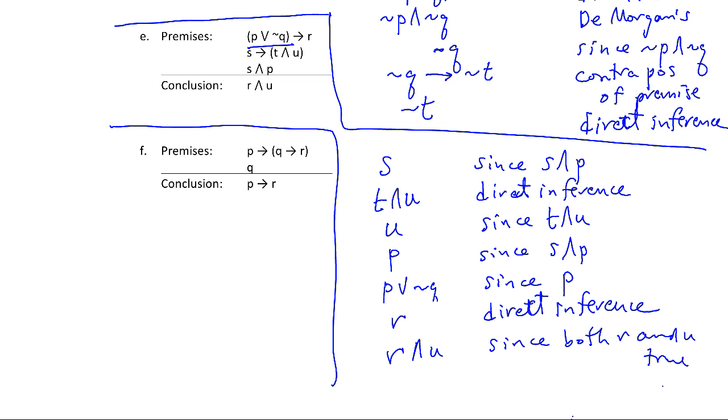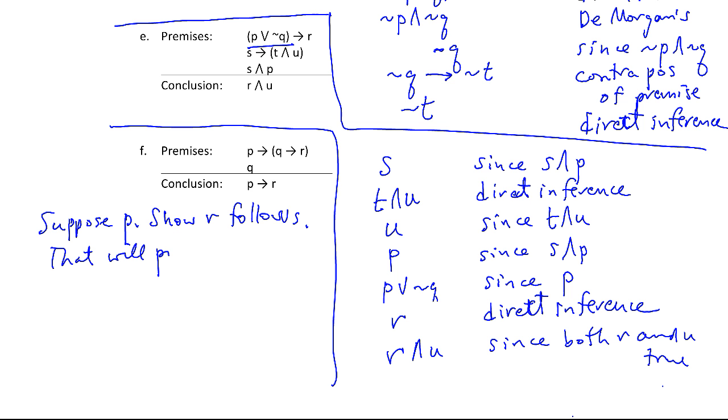Okay, I'm going to say, suppose P, and we show R follows. That will prove P implies R. Okay, that's just what a conditional proof is.